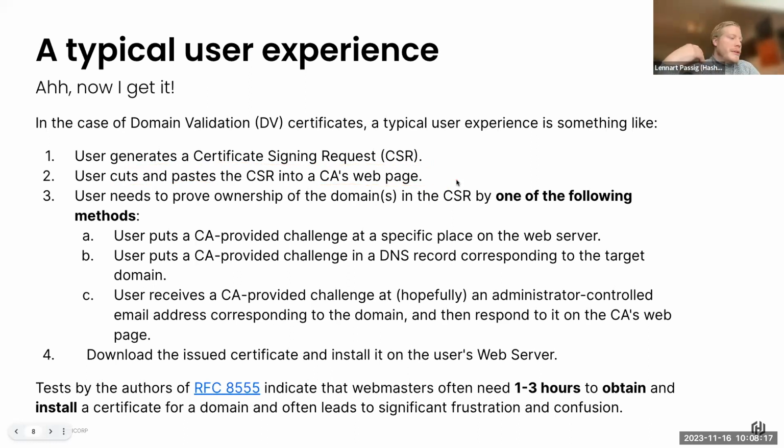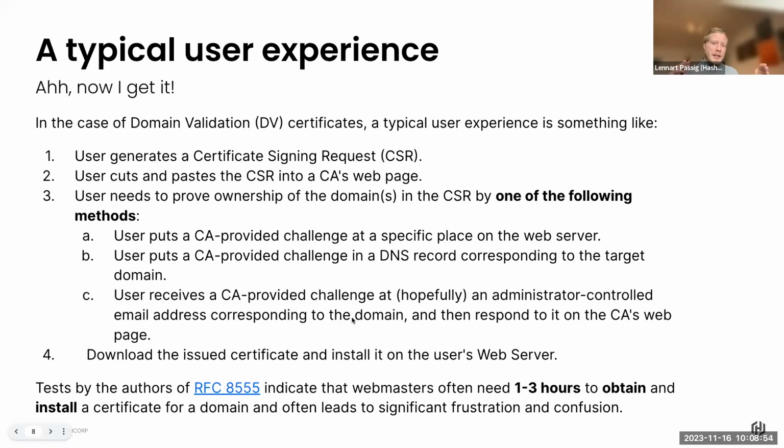And then you need to do one of the following methods in order to prove the ownership of a domain, right? So usually certificates are domain validation ones that you need for the whole thing, but you need to validate that you have ownership of this domain. So for example, you need to provide a challenge in a specific place of a web server. Maybe you need a DNS record, right? Or maybe you have a challenge that hopefully the email address will respond accordingly. And then you are able to eventually go ahead and issue a certificate.